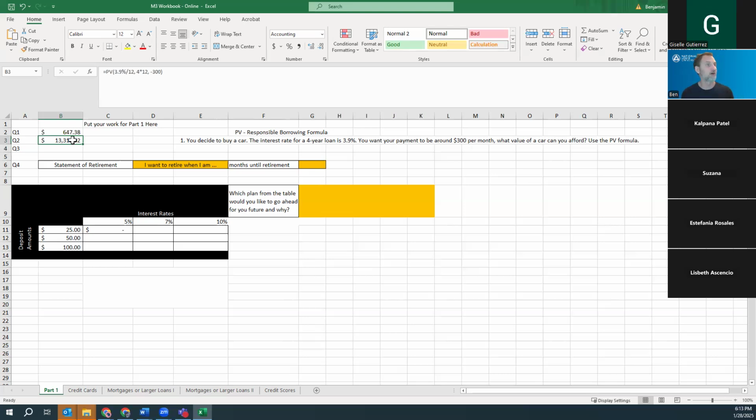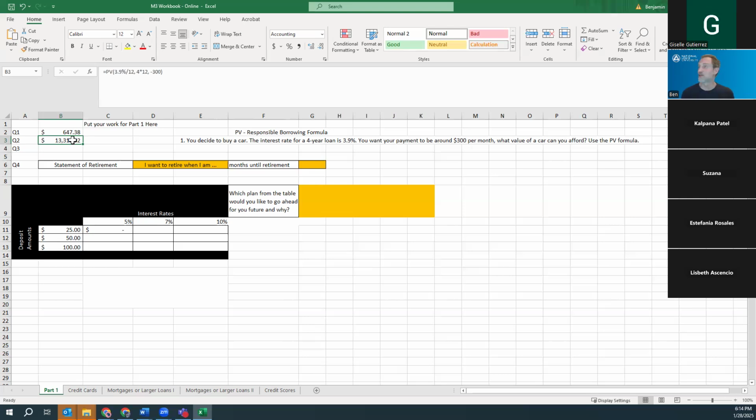Am I going to be able to borrow more money or less money? Any guesses? More. Oh, more. Yeah. The reason you do a longer term loan is so that you can afford to borrow more money.